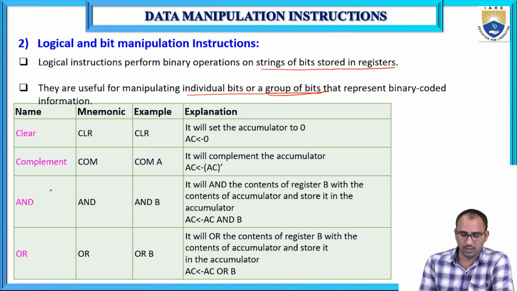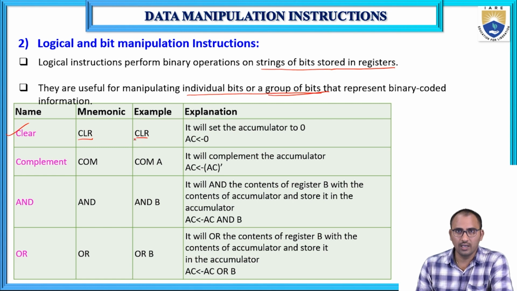The first example is clear. The mnemonic is CLR. When you give a CLR instruction, it will clear the accumulator register. Clearing is nothing but loading zeros into the register, here the accumulator.